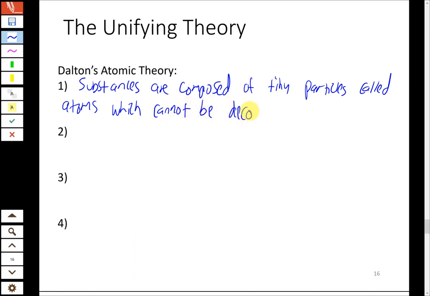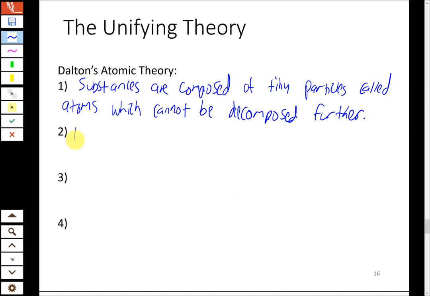Atoms cannot be decomposed further. If you like analogies, atoms are basically the Legos of all matter. They're the things that we use to build up all forms of matter, and they cannot be broken down any further than at a single level.